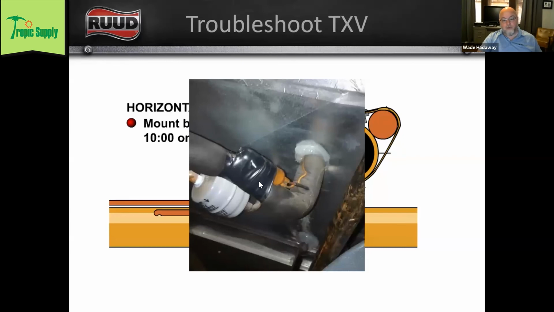We want that liquid refrigerant to be here in this bulb. So if I was doing that, I mean, there's obvious other problems with the way that the sensing bulb is installed, but I would flip this 180 degrees and have the tail coming out of this side, pointed up in a vertical application.